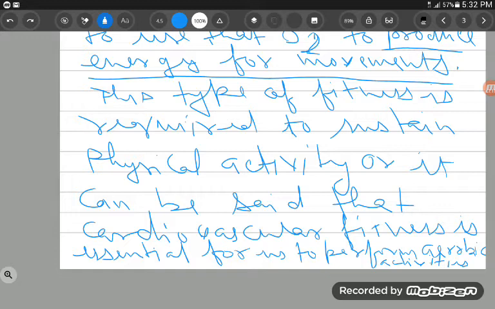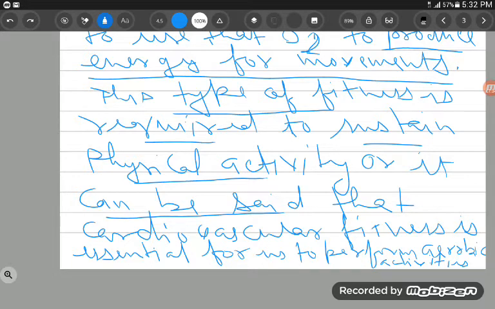Children, what is an aerobic activity? Aerobic activity is a type of activity that we perform in the presence of oxygen.